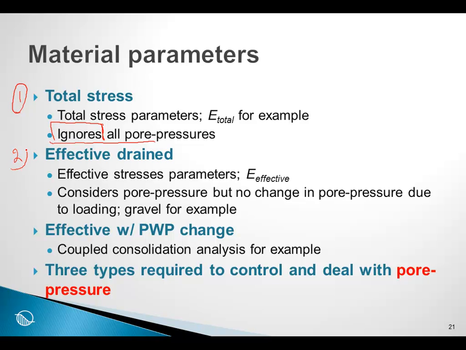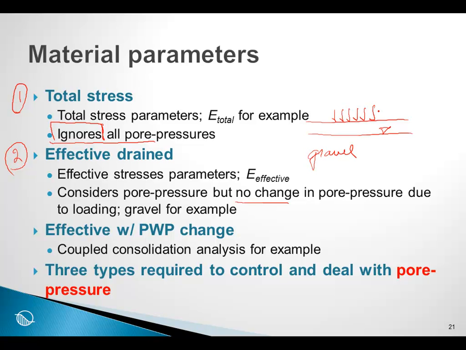The second category is what we call effective drained parameters. The material parameters are effective parameters, for example, E effective. In this category, SIGMA/W considers pore pressure, but there is no change in pore pressure due to loading. This could be the case, for example, in a situation where we have sand or gravel and there is some water at depth, and we come along and place some load on the surface.